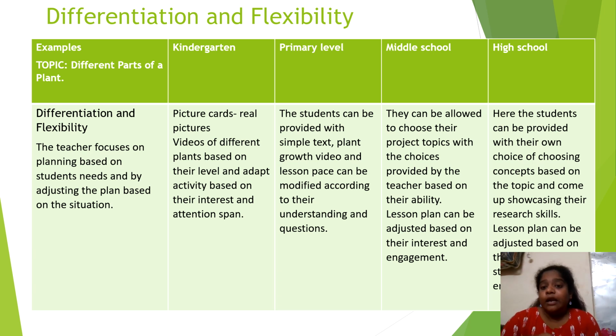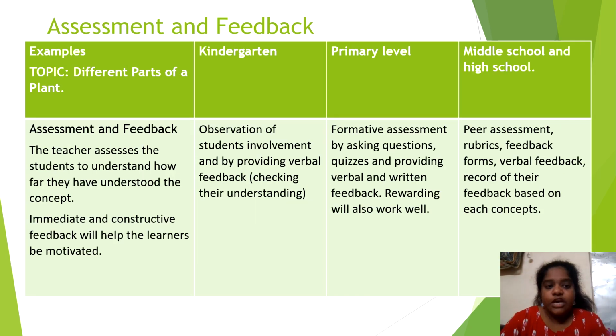Middle school students can be allowed to choose project topics, and based on their ability, the projects can be established. High school students are given their own choice of concepts based on the topic, and they can show their research skills.